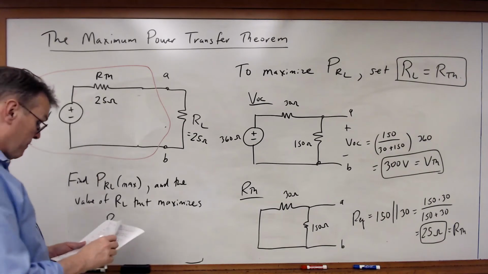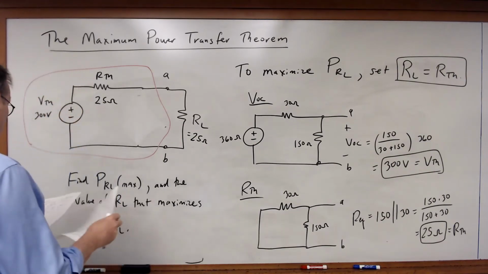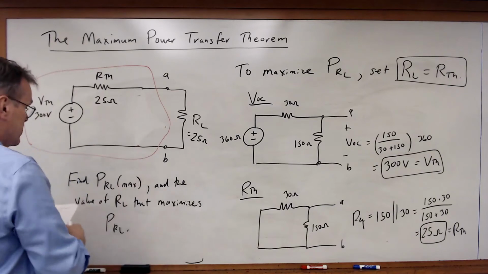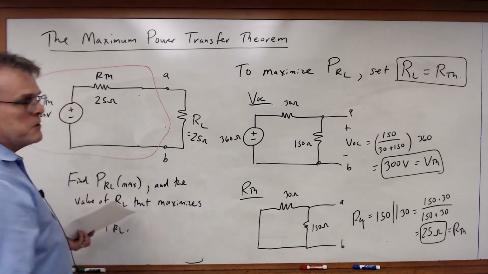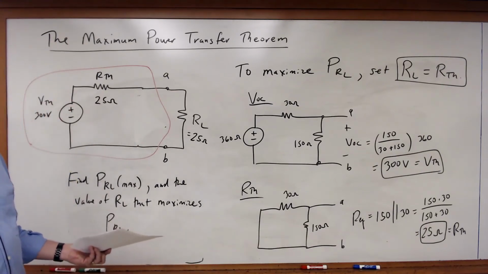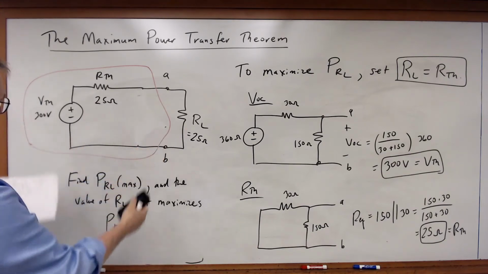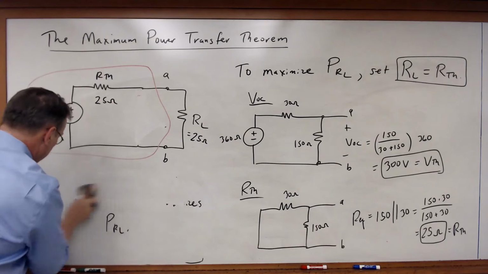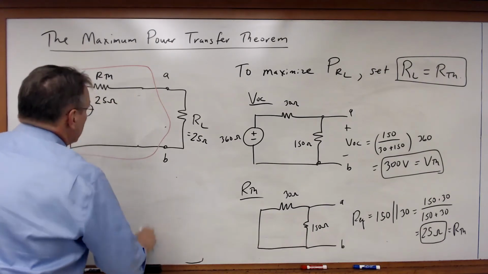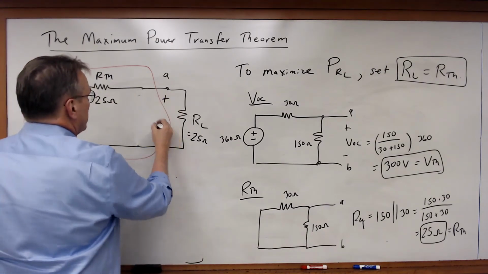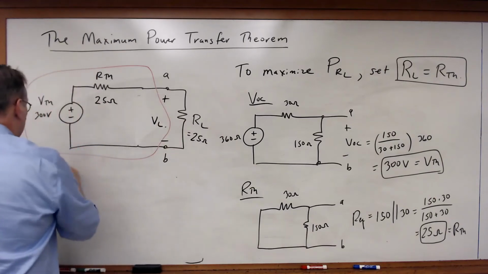What's my power? Okay, so in this case, this is easy to calculate. The book has formulas that you can memorize or write down, but there's no point to it. Anybody can easily figure out what the power is going to be from a simple circuit like this. So I've got my load voltage VL.